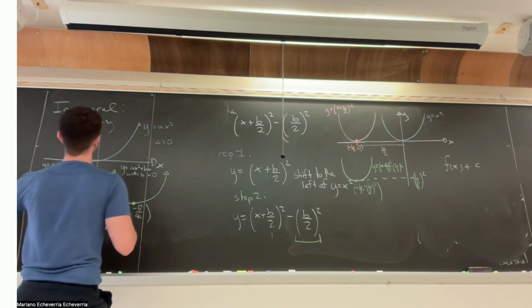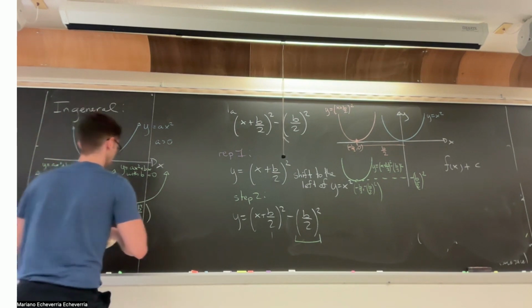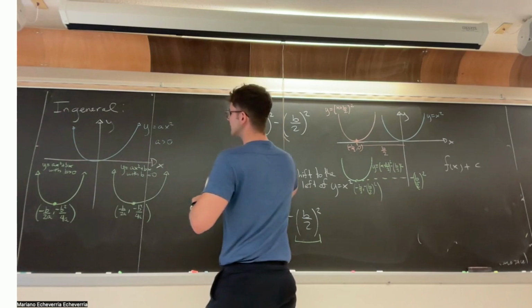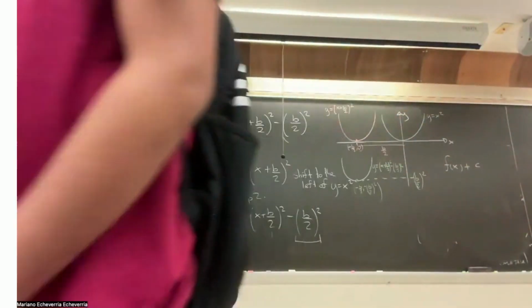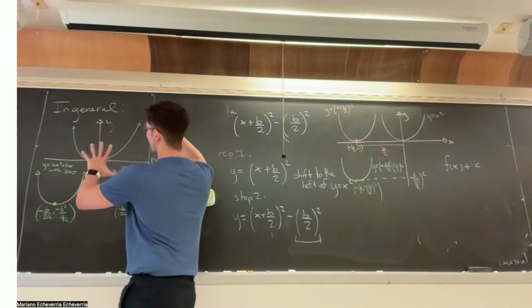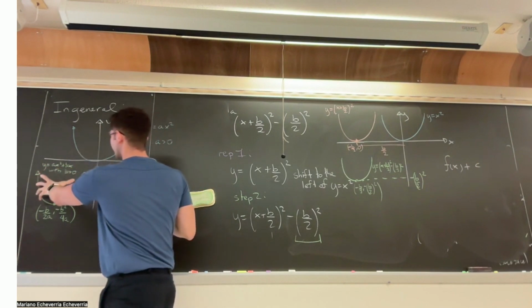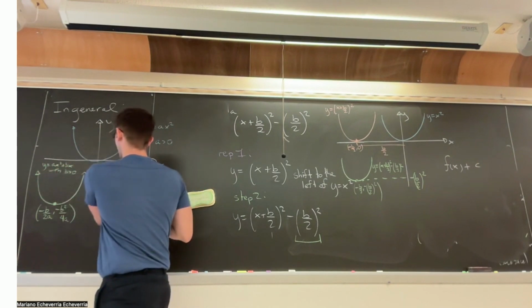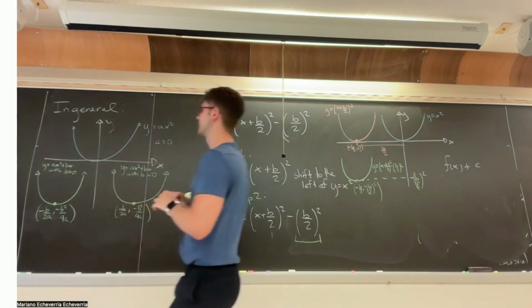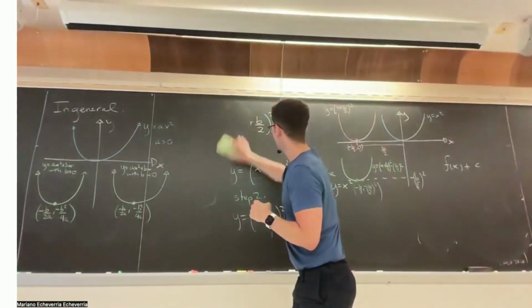Okay, so what I'm saying is that when the parabola was concave up, when it's happy, the plus bx just moves it down to the left or down to the right, depending on whether b is positive or negative.